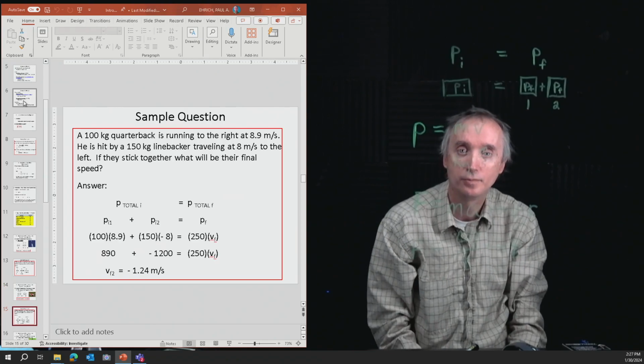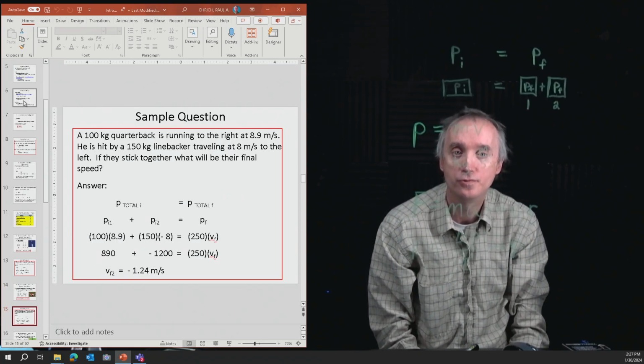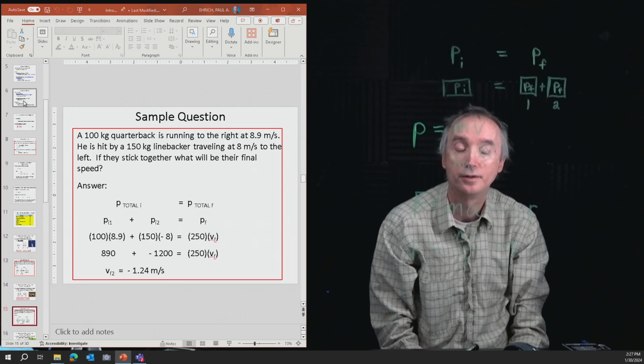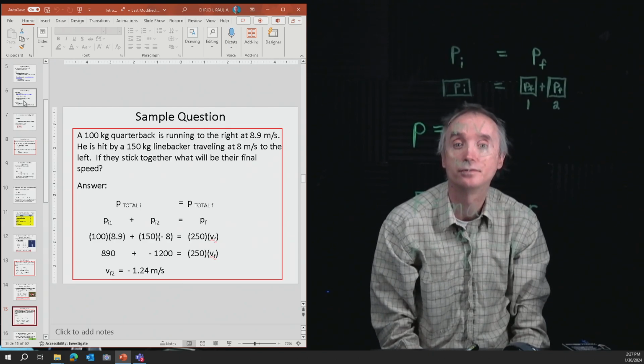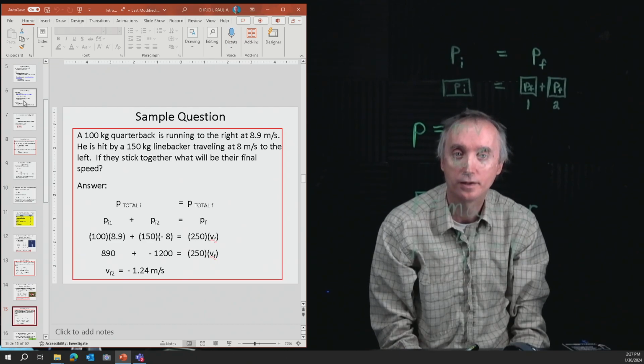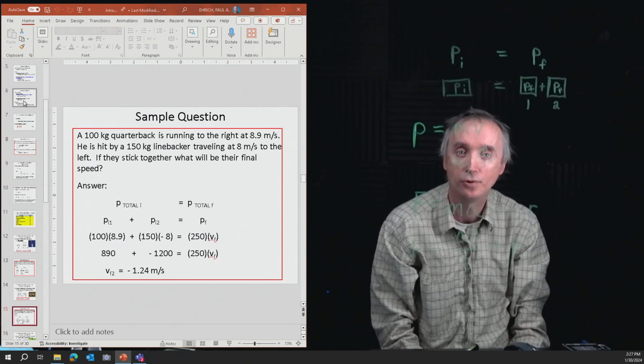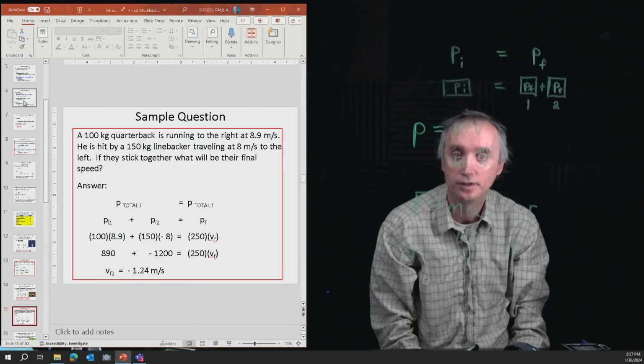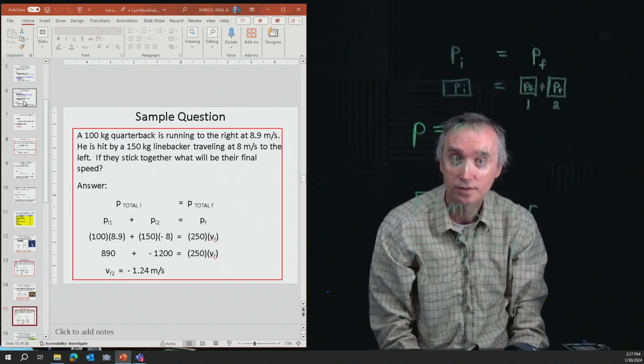Here's an example of how you would use the inelastic collision equation. You have a 100-kilogram quarterback running to the right at 8.9 meters per second. He's hit by a 150-kilogram linebacker traveling at 8 meters per second to the left. They then stick together.